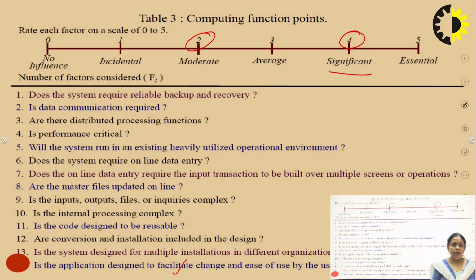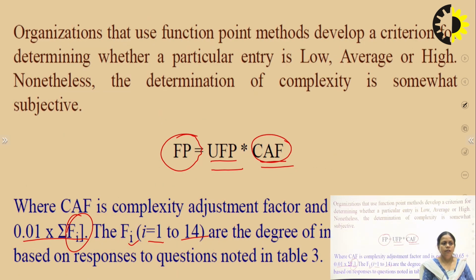So, we have to find out the answers to these questions, and we will give the rating for all the questions. Then we will add all these values, and we will find out the sigma Fi, the summation of Fi by the help of 14 questions.